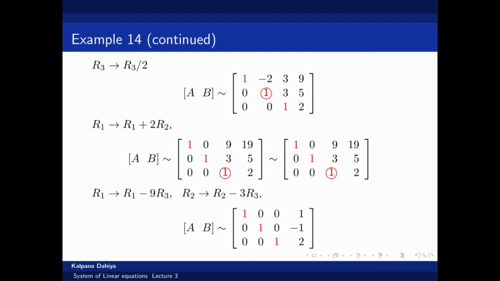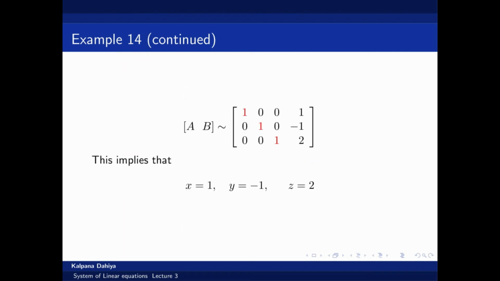So we apply the following elementary row operations: change R1 to R1 minus 9 times R3, and R2 to R2 minus 3 times R3, that is the third row. Then finally the augmented matrix is equivalent to this matrix. Refer to the fourth matrix here: 1, 0, 0, 1; 0, 1, 0, minus 1; and the third row is 0, 0, 1, 2.